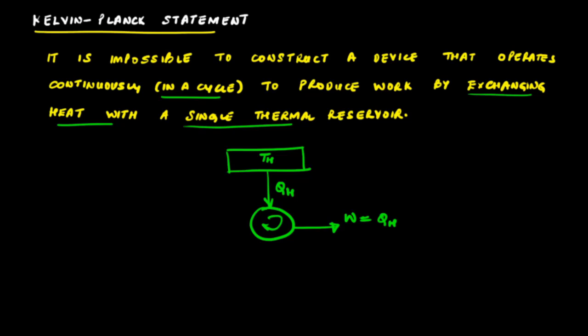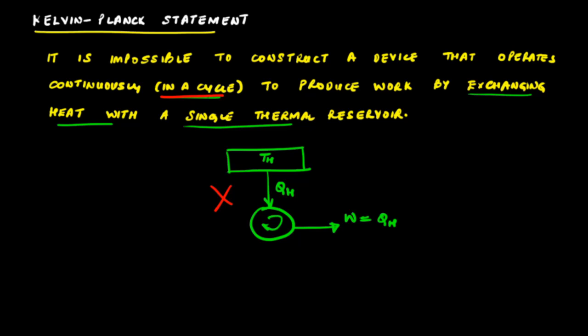So the Kelvin-Planck statement says that such a device is impossible to construct because it is taking heat only from a single thermal reservoir to produce work while operating in a cycle.